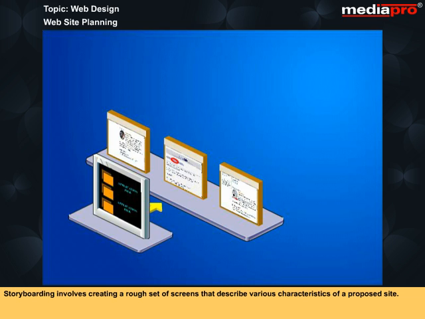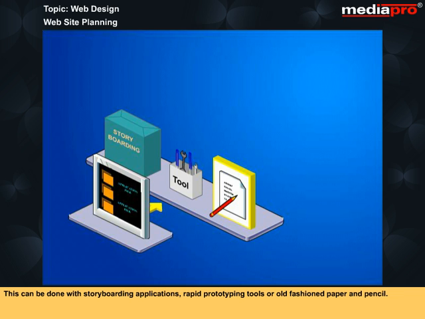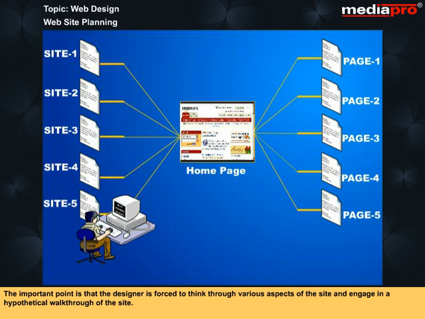Storyboarding involves creating a rough set of screens that describe various characteristics of a proposed site. This can be done with storyboarding applications, rapid prototyping tools, or old-fashioned paper and pencil. The important point is that the designer is forced to think through various aspects of the site and engage in a hypothetical walkthrough of the site.